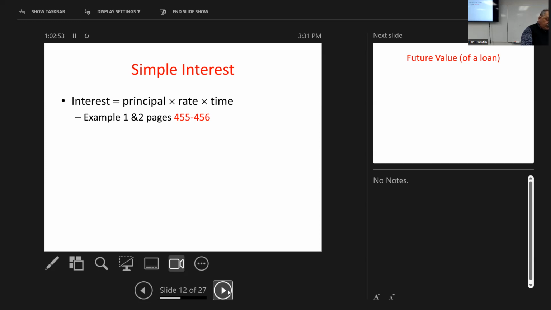Well, that's impossible these days, but in order to figure out interest on the loan, again, the same formula. The principal is 1,800, the rate is 8%, so I move the decimal 2 places to the left, it is 0.08, the time is 2. So yeah, this student has to pay $288 extra at the end for the loan that he got. All right.